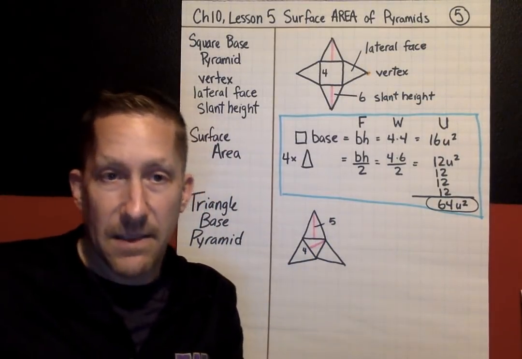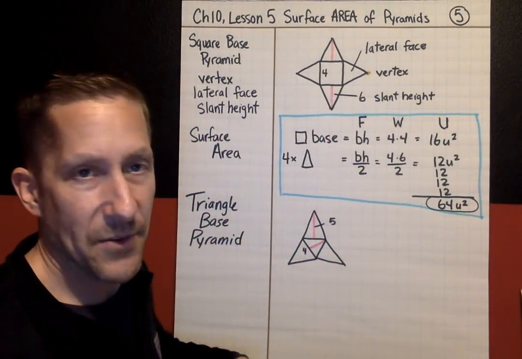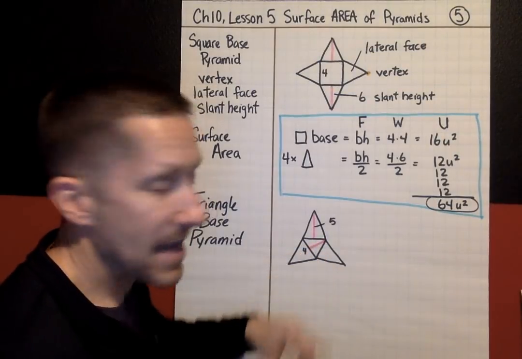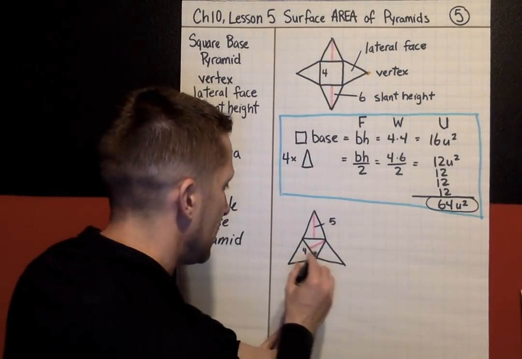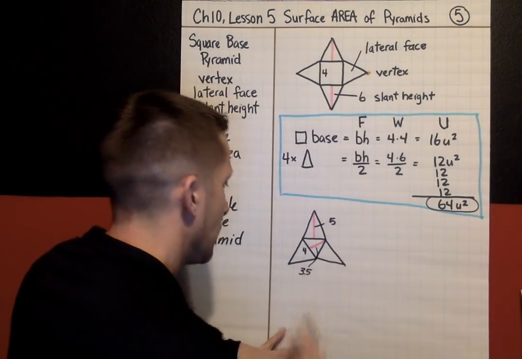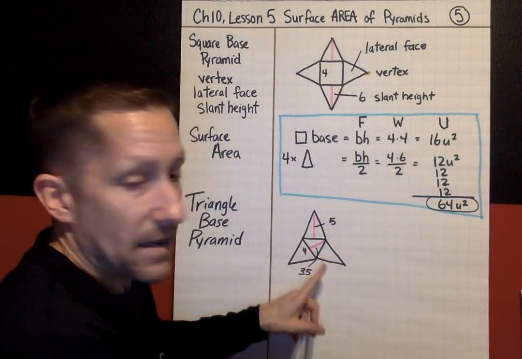I know these drawings get really complicated, and that's the hardest part of this whole chapter, is figuring out the drawings and what numbers go where. So that slant height of the base, I'm going to tell you, is 3.5 units. Okay?